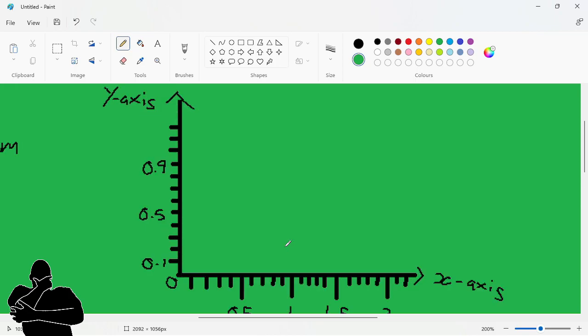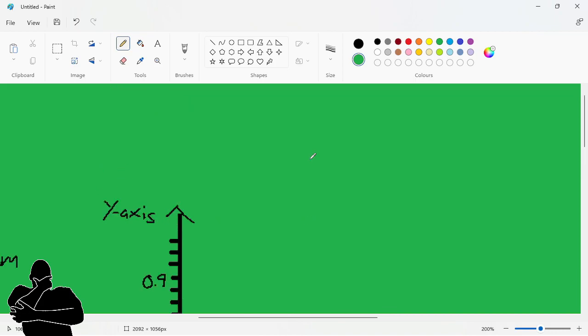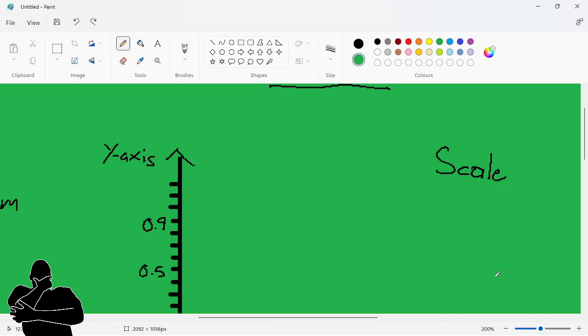Now, when you've put your axes, you've put in your numbers, you've written the name of each axis, you also need to ensure that your graph has a title, which is going to be the y variable versus the x variable. You also have to include a scale for your y-axis and your x-axis.